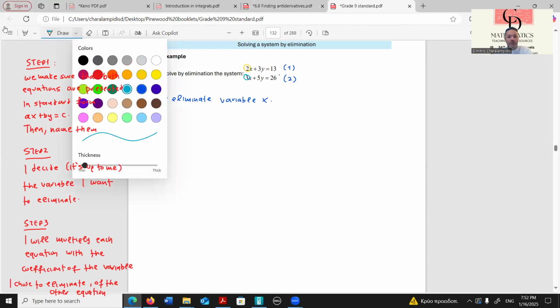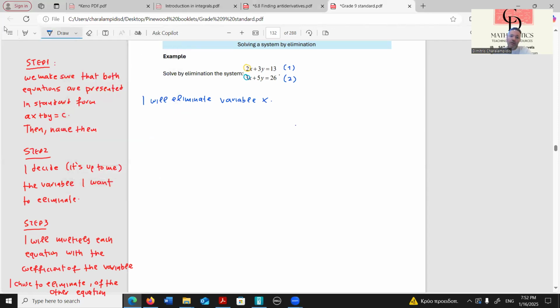So, based on this methodology, I will multiply the first equation by 3, and I will multiply the second equation by 2. When we refer to multiplication, this means that I should multiply by that number each and every single term of each equation.